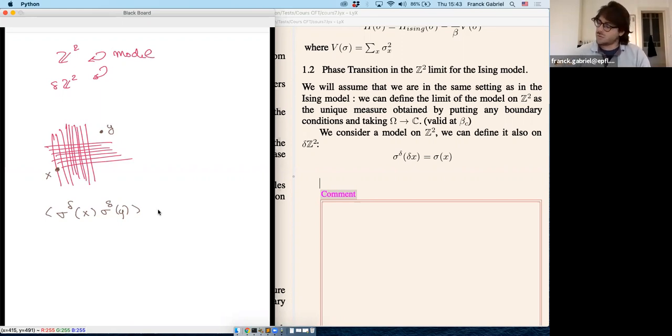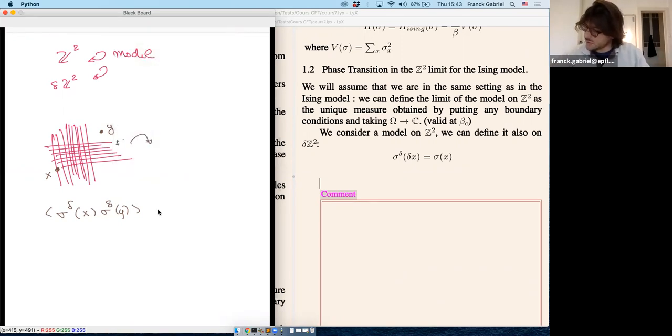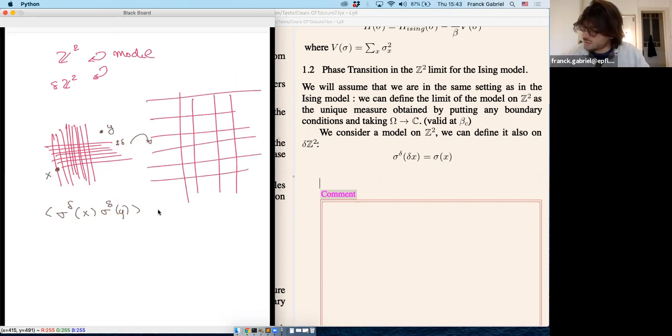But of course, I can blow up everything again. And so instead of looking at a mesh delta, I can look at the system on Z2. But now y is sent to 1 over delta y, and x is sent to 1 over delta x. Okay?